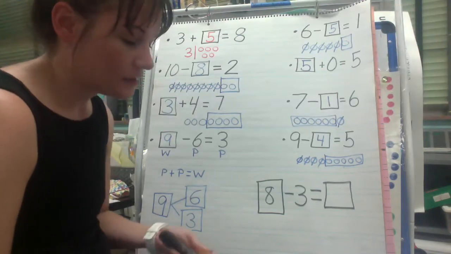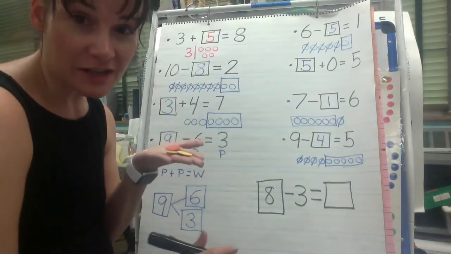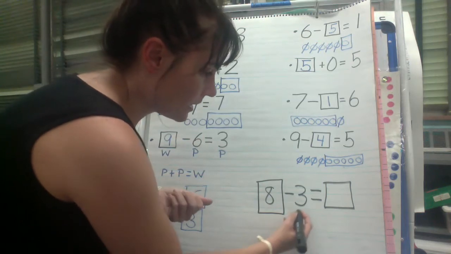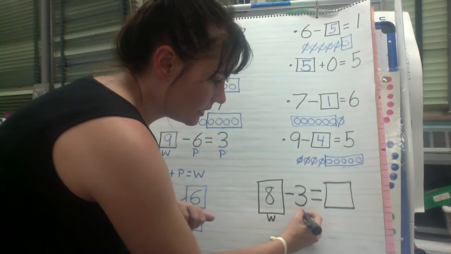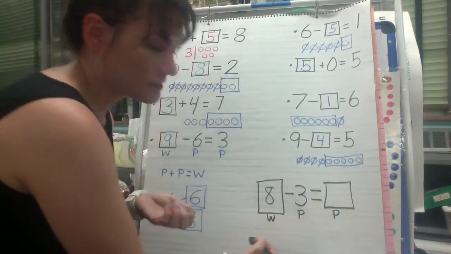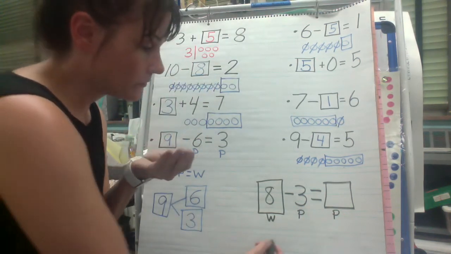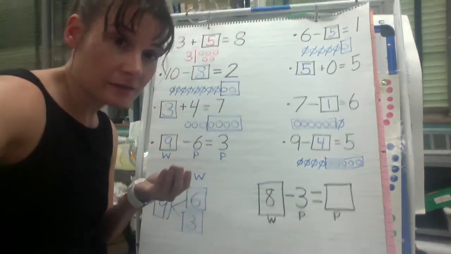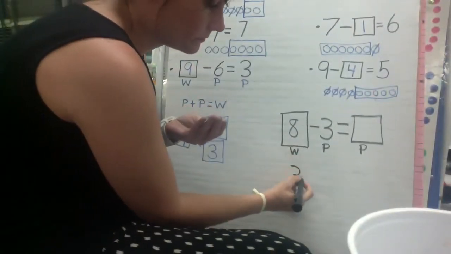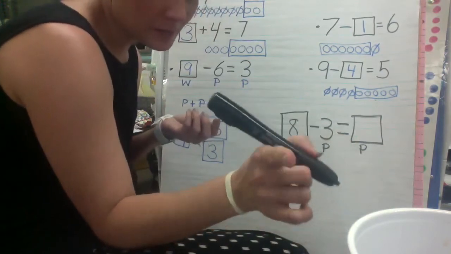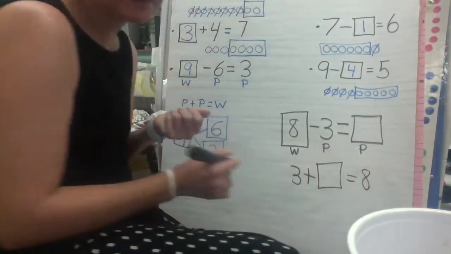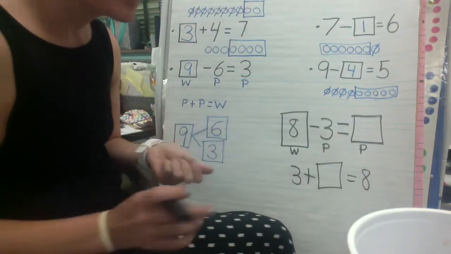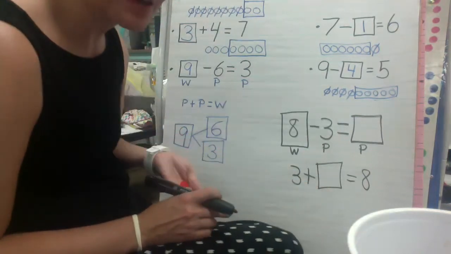Let's see. I'm going to think about my addition to help me. I know that I had 8. That was my whole. And I took a part away to get the other part. But I can also think this way. I have 3 plus whatever's in my cup equals 8. So what number would still be in my cup?